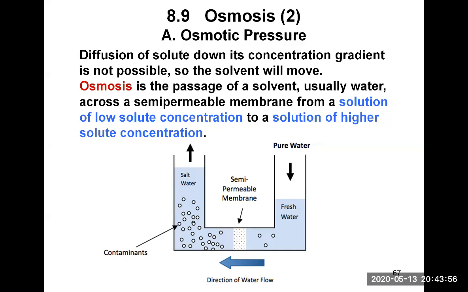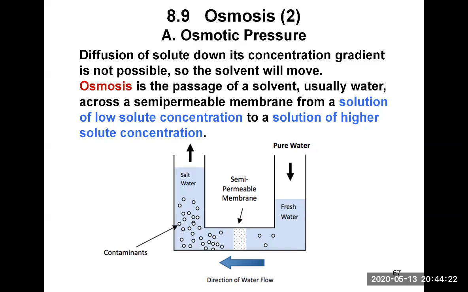It does that to try to equalize the concentration on both sides. By moving away from the diluted side, it will concentrate it more, and by moving into the side where there is more solute, it will dilute it. This way it compensates for the difference in concentration between both sides.